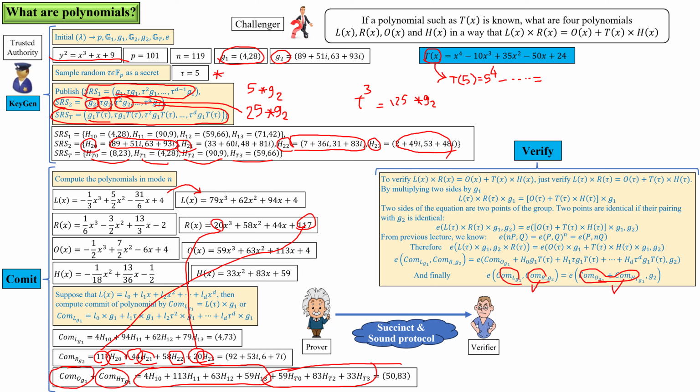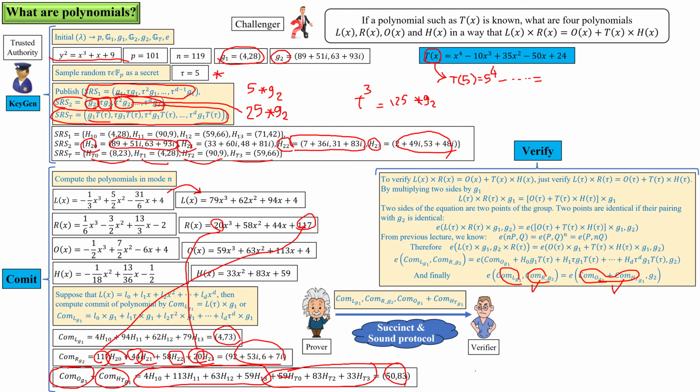Again, the prover needs to do the scalar multiplication for the points of the group, and then do the addition of the points, like we discussed when we computed the commit of polynomial L of x. Now these three values for the polynomial would be sent to the verifier, right?